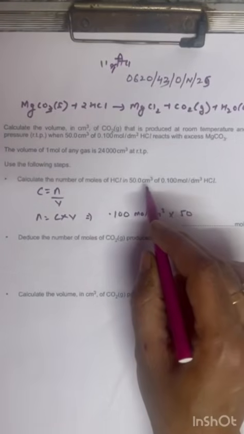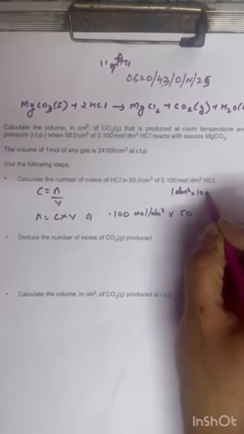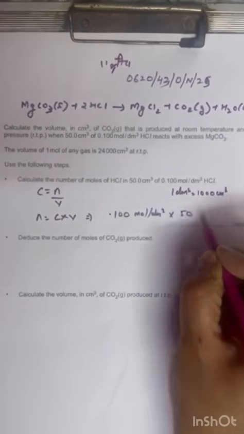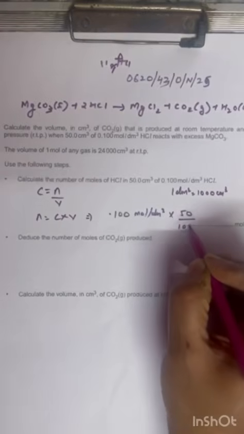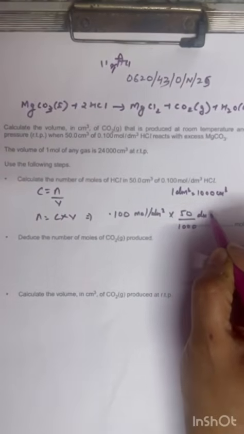So if it is 50 centimeter cube, I need to convert it into decimeter cube, and I know 1 decimeter cube is 1000 centimeter cube. So I'll divide this by 1000 and this will become decimeter cube.